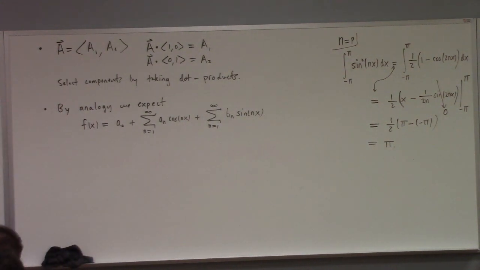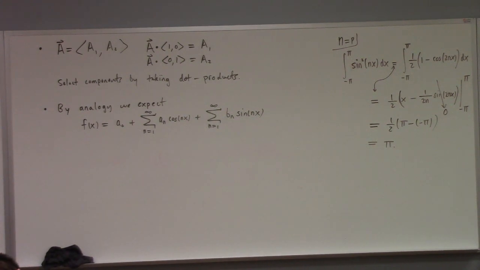So the numbers a0, a1, a2, b1, b2, b3, and so forth are playing the same role for the function f of x that a1 and a2 play for the vector a.